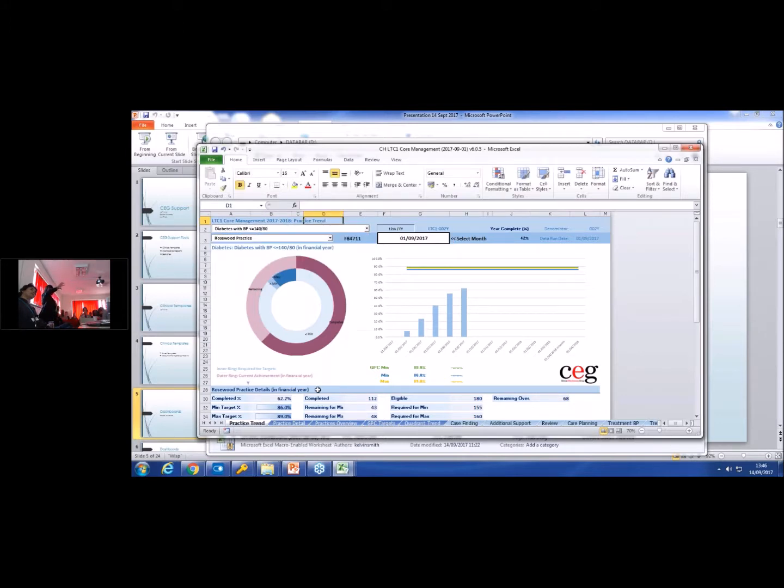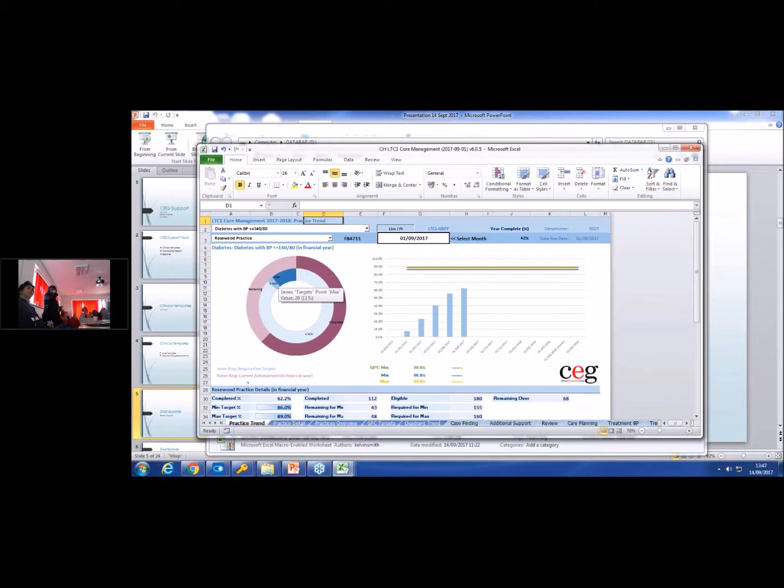The charts below that are a good initial visual representation of how much you've achieved up to date. So in that donut chart, the inner ring represents your minimum and maximum targets, and the outer ring shows you how much you've achieved.